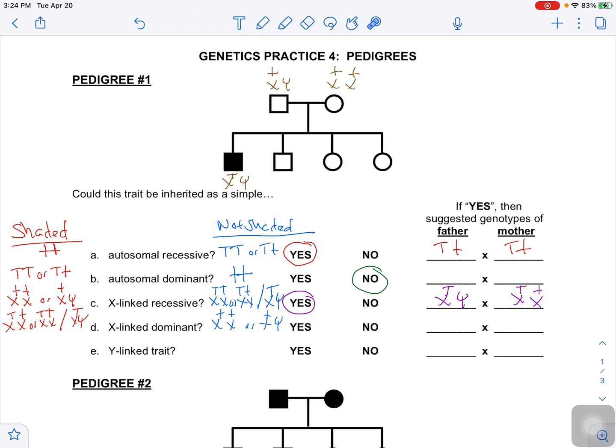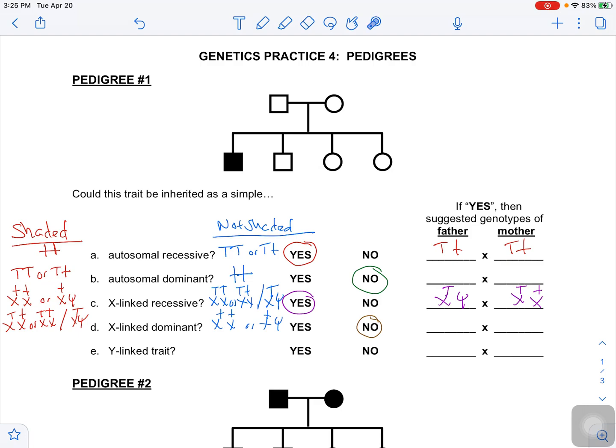And we then ask, can this male, who's getting the Y from his father, get a dominant X from a mother who has two recessive X's? And the answer to that question is no. So we would say no. Once we get to the no, we erase.